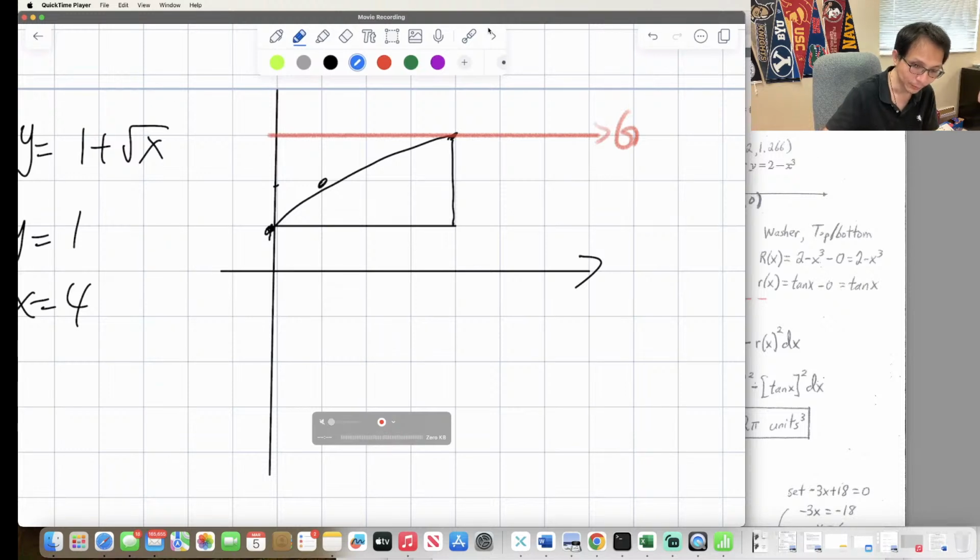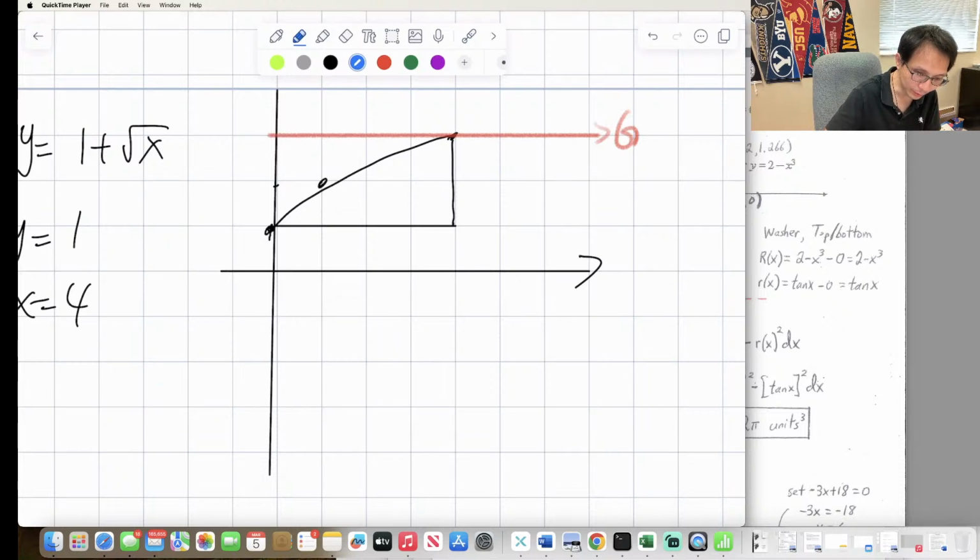So here is gonna be one line, and here is gonna be a second line. The second line stays the same the whole time, right? What is the second line? Well, the second line, big R of x, is equal to what? 2. Always 2. It doesn't matter where.